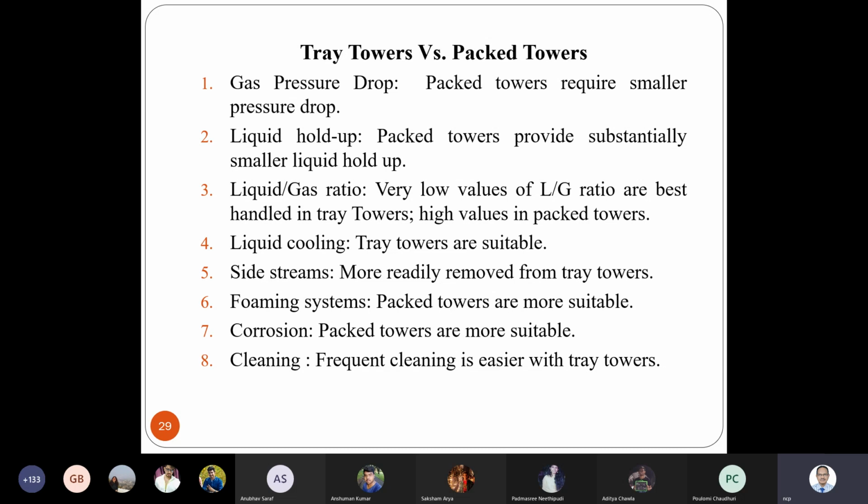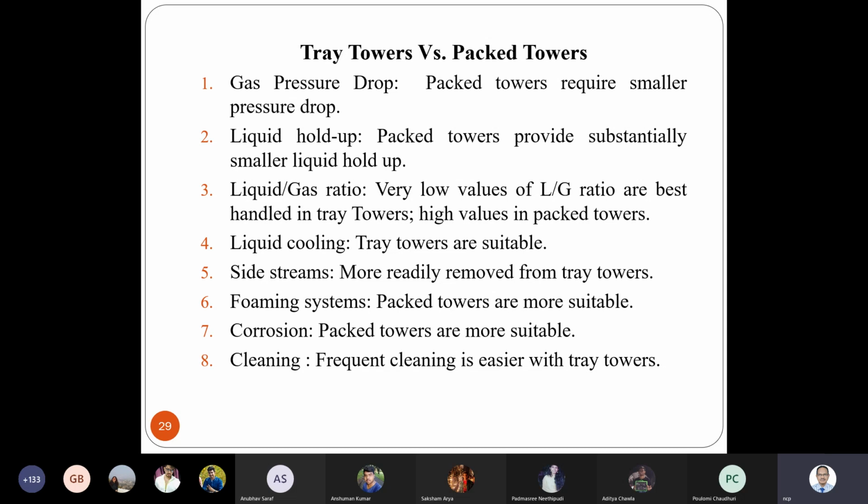Most of the time the foam carries liquid droplets: when the gas is disengaging, it will carry some liquid droplets with it, and that will be carried to the tray above. Those things are not there in packed towers. So if you have a foaming liquid, then we will go for a packed tower for this operation.